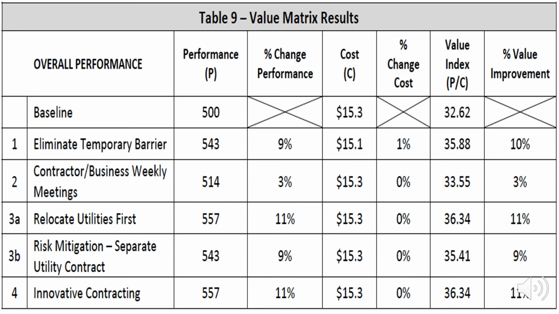And as you can see, this table demonstrates perfectly how value engineering is not a cost comparison. If you look at option number 1, cost is 15.1 million, but the percent value improvement is 10%. Now compare that to option 3A, where cost is 15.3 million, but the percent value improvement is 11%.